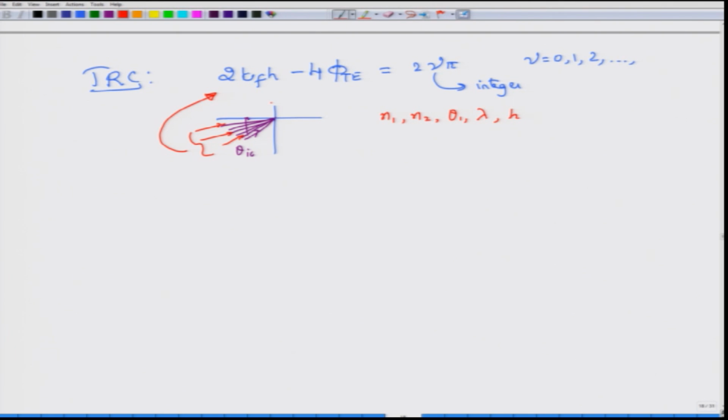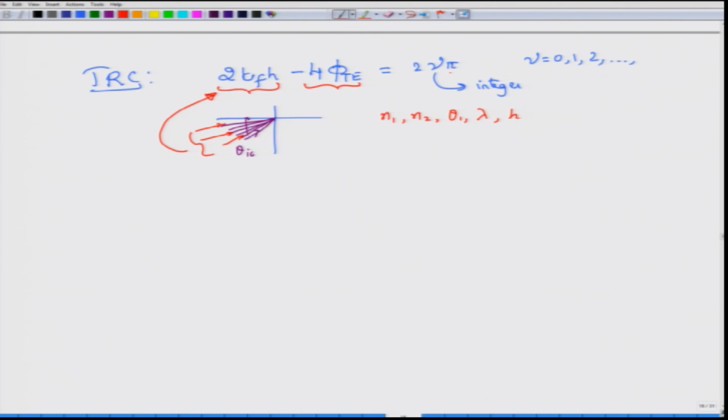For now, just remember that the phase shift experienced along the x direction, captured by the first term, is opposite to the phase shift upon reflection, but these two together should equal some integer multiple of 2 pi.